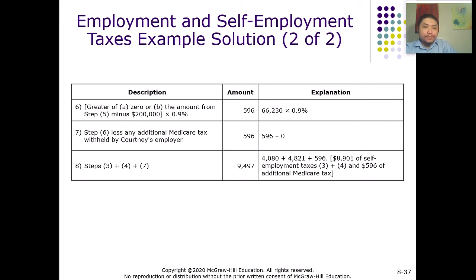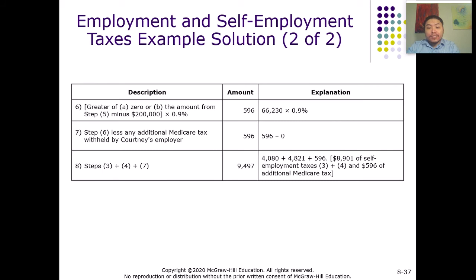And then in step 7, we have to subtract any additional Medicare tax that is withheld by the employer. When the employer withholds the FICA taxes, they also have to withhold additional Medicare taxes if the compensation goes above the threshold.